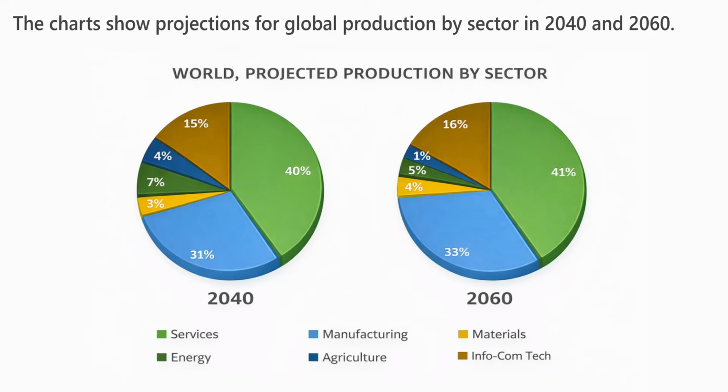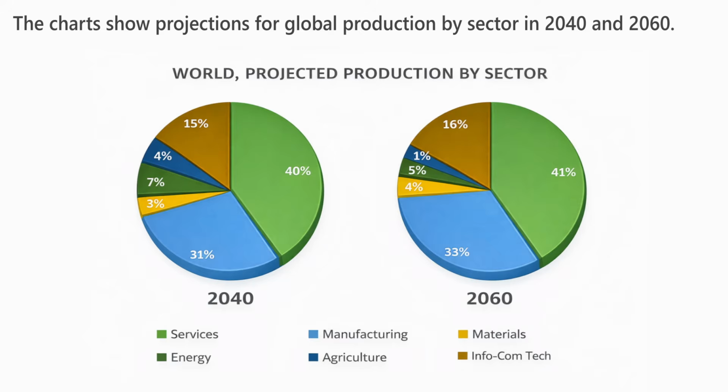For example, when you take a look at services, you see that in 2040 it's going to be 40%, and by the year 2060 it's going to be 41%. So there is not much of a difference considering the percentages or the sectors here, all right?